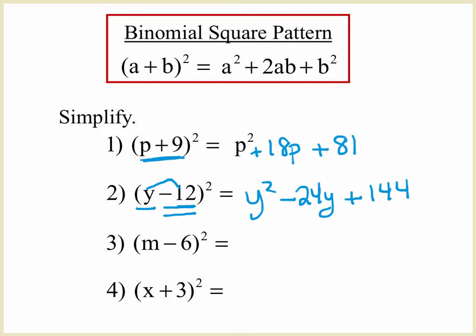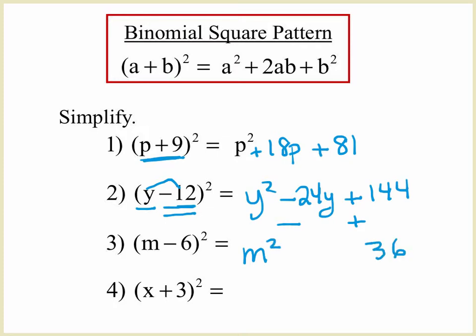You'll also notice that whenever I have a binomial square with a different sign, the pattern will always be minus and then plus. Now pause the recording and finish number 3 and 4. Now check your work. Number 3, we get m squared minus 12m plus 36.